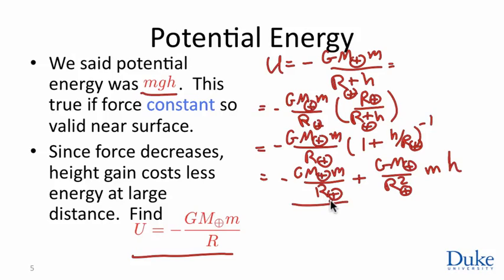One is this is independent of your altitude, it's just a constant. And this object here is g. So the difference between this exact quantity and our approximation for h that is significantly smaller than the Earth's radius is just a constant shift. We said that a constant shift is irrelevant, and so this formula is as valid as this for h much smaller than the radius of Earth, and then at higher altitudes this becomes valid.